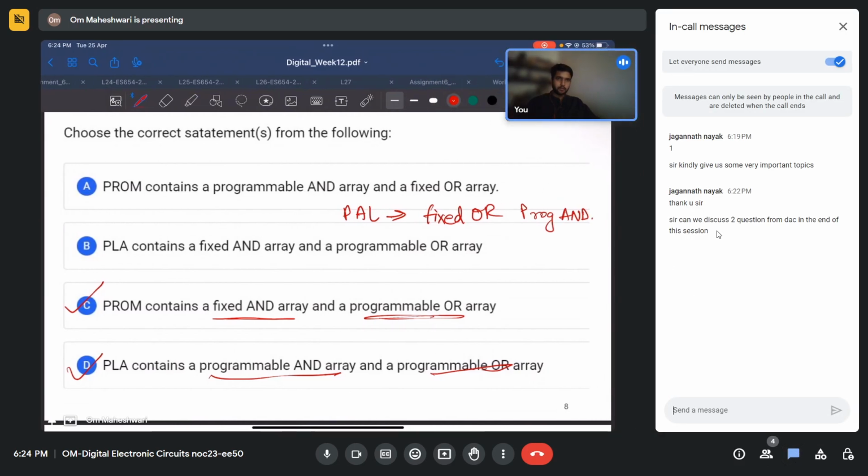Jagannath, what questions do you want to discuss? You can ask them right now if you want. Jagannath, any questions from DAC?